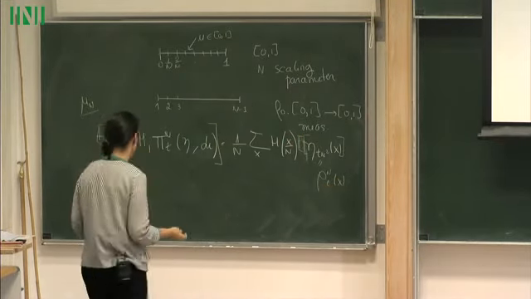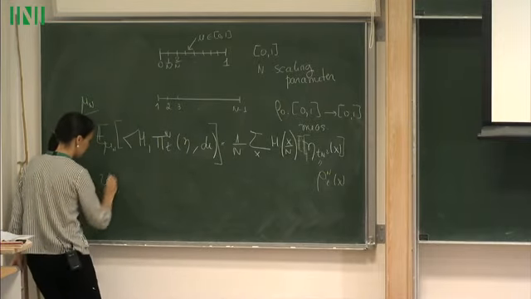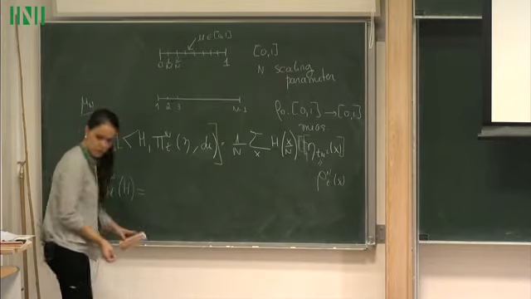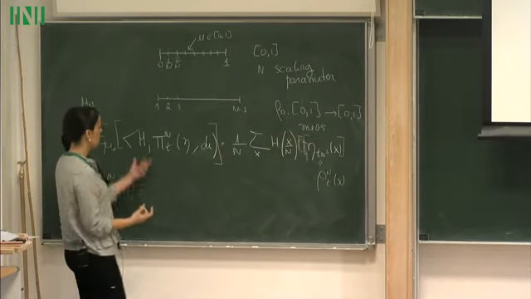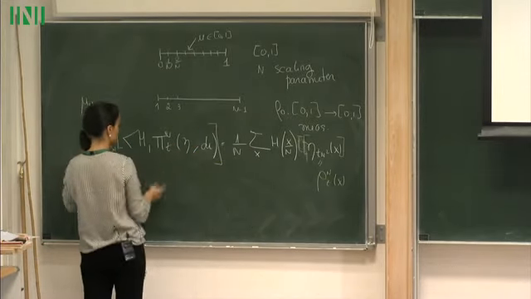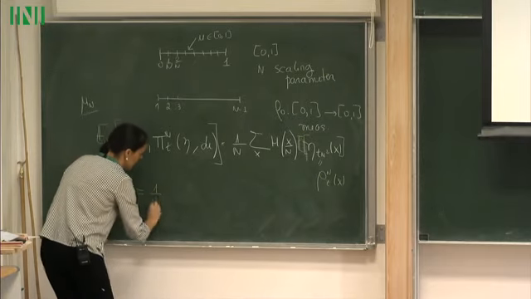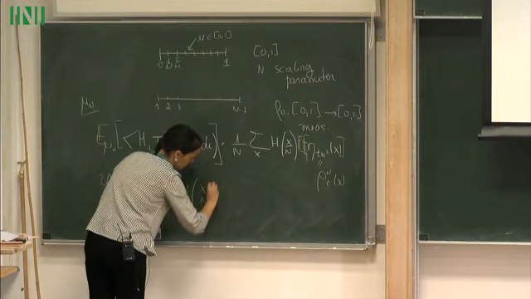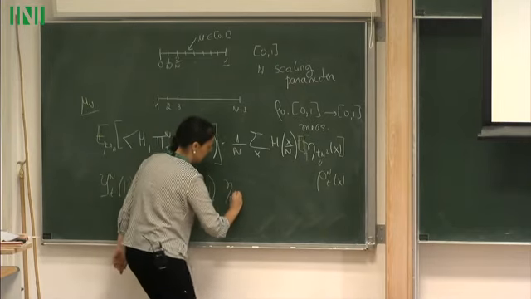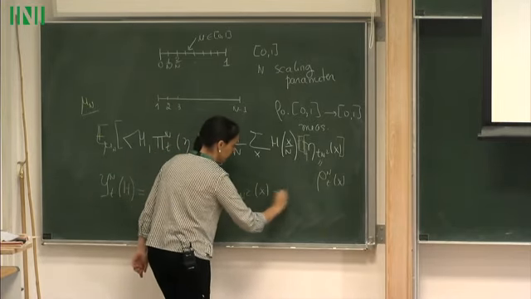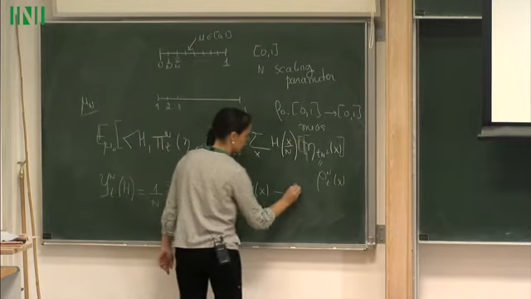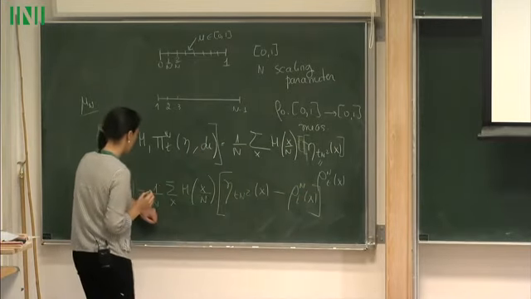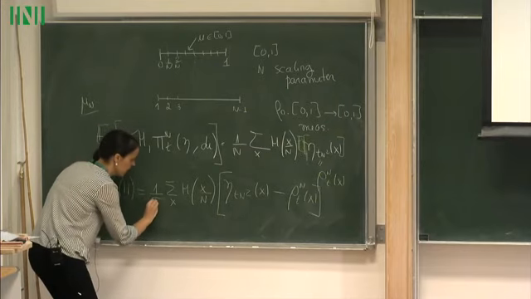So now I do the following. My density fluctuation field is just the difference between this integral and the average of the integral. So at the end I have this. And I take the central limit scaling, so here I have 1 over square root of n.